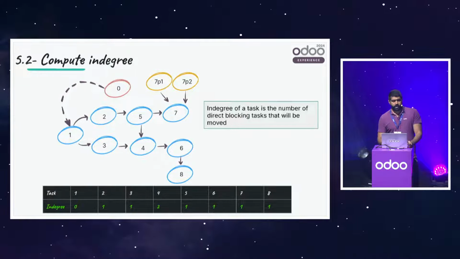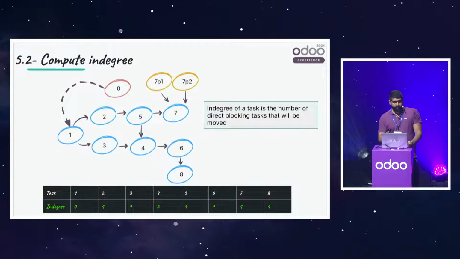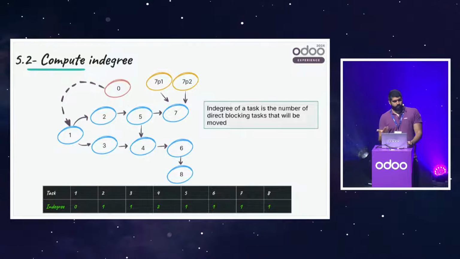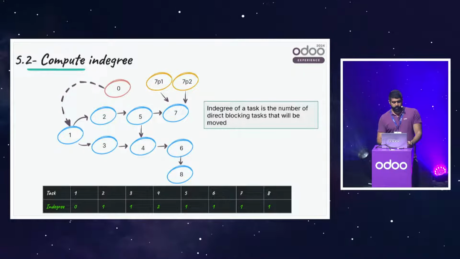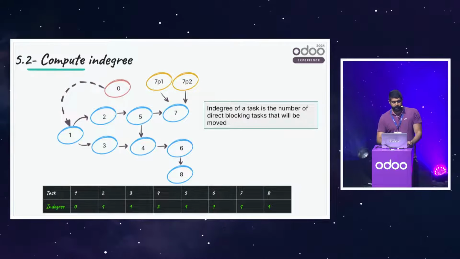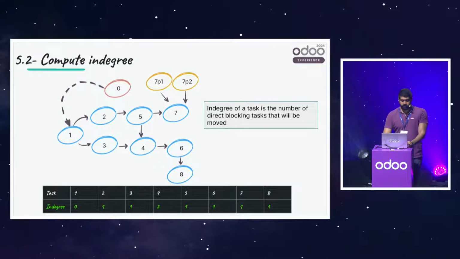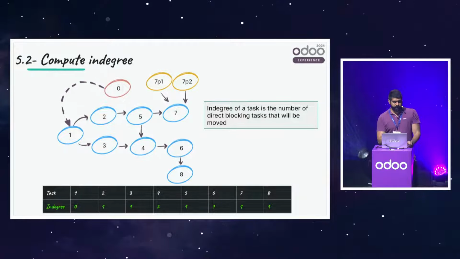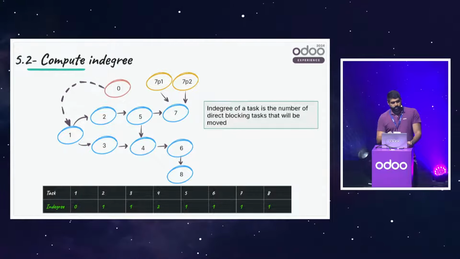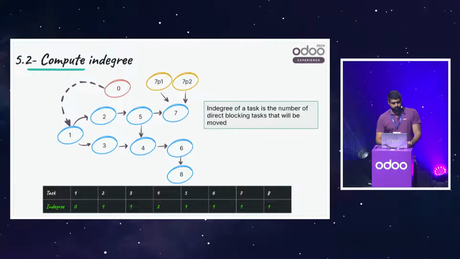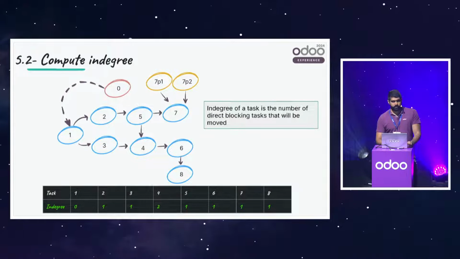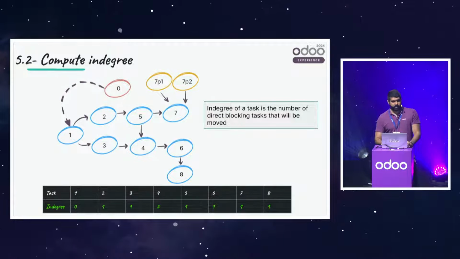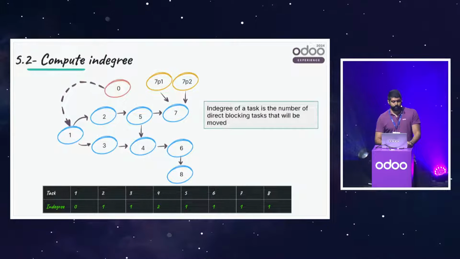Blocked means that I need to wait for my previous task to be planned to be able to plan the task. So for task 4, it's different. It's 2 because it should wait for 5 and 3. This term of in degree is really important to achieve some valid order when planning tasks and when moving them.